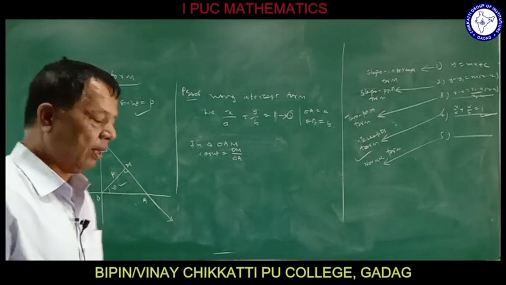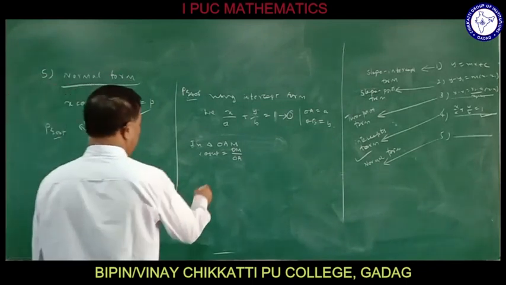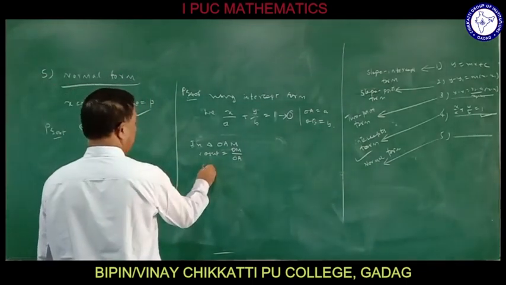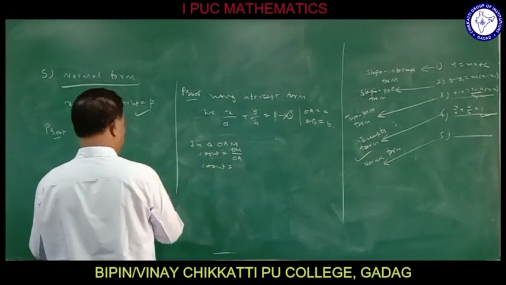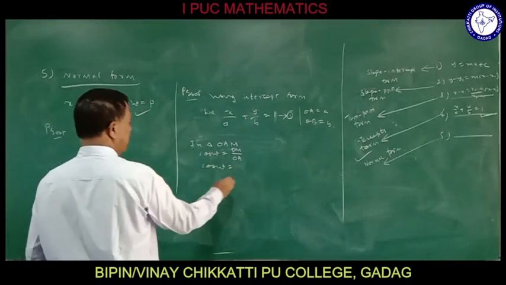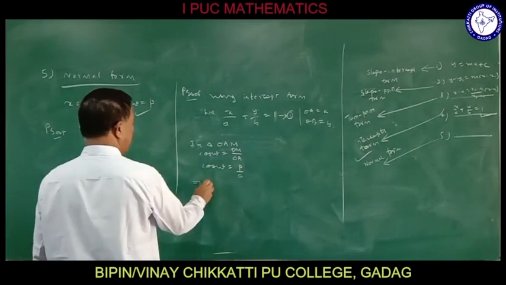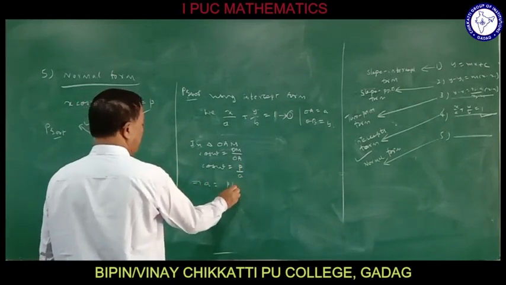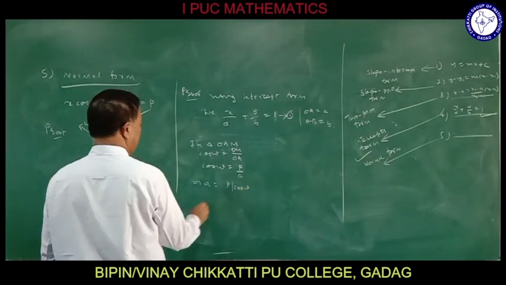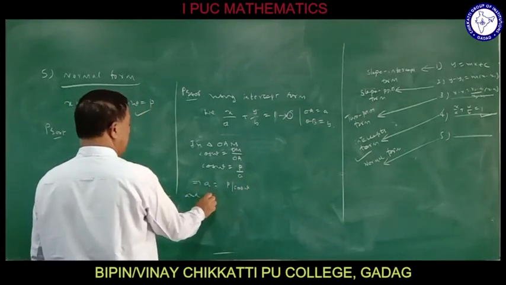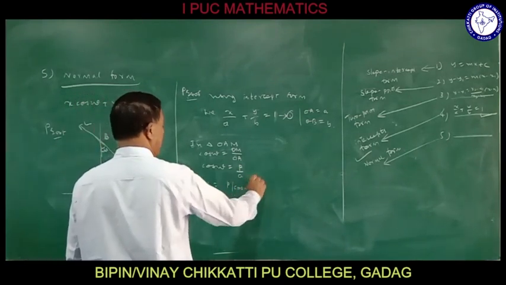Why do you write this? According to the definition of cos. So cos omega is equal to OM over OA; OM is P, and this is A. Ultimately A is equal to P by cos omega. This is equation number 2.